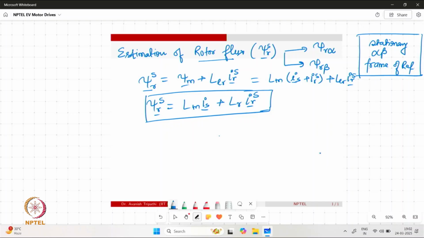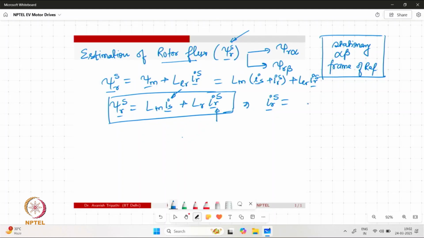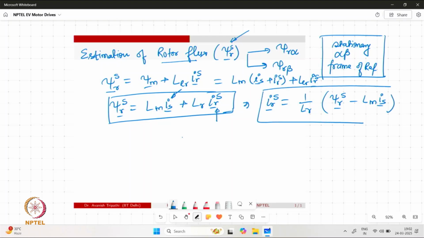Now, because the quantity which we are trying to estimate is the rotor flux, the measurable quantity available is IS. However, IR is still an unknown quantity. So we would like to replace IR using the rotor flux. So we'll express IR in terms of rotor flux and stator current.